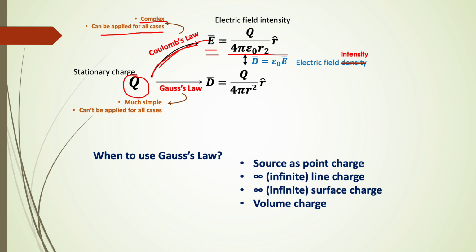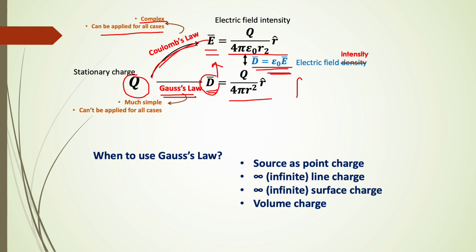However, from today's lecture, you have now been introduced to Gauss's law, whereby using Gauss's law, you can determine the value of D, and once you know the value of this D, you can determine the value of electric field intensity, since we already know that D is also equal to epsilon naught E. So once you know your D, to know your E, you can just use this equation.